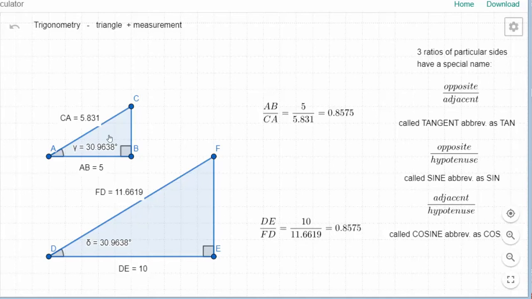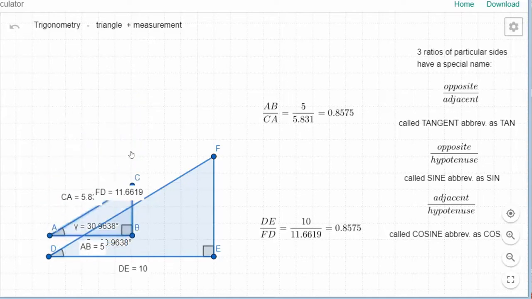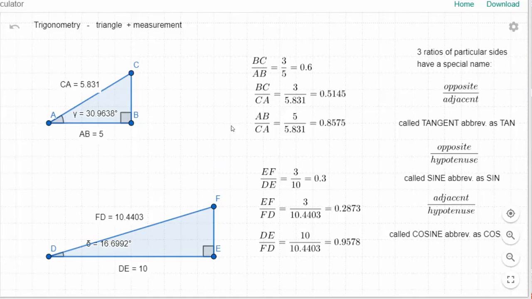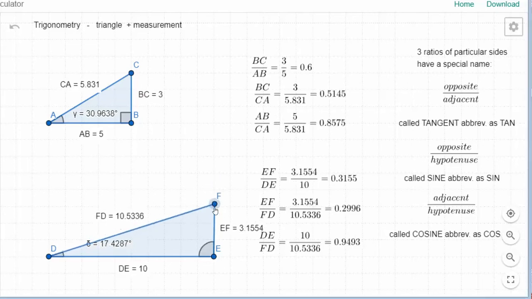Now the key concept before we finish is this idea of similar triangles. So I've created two different triangles.